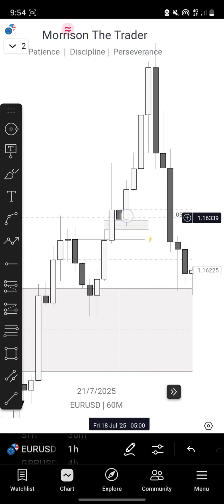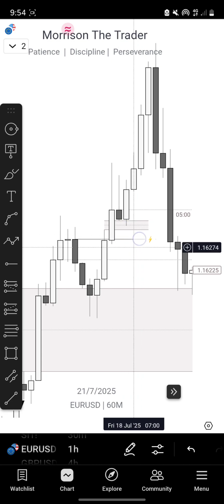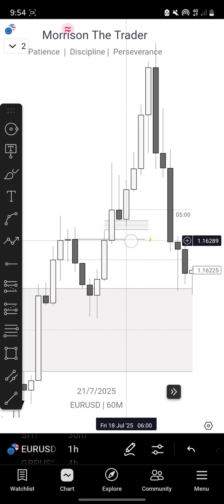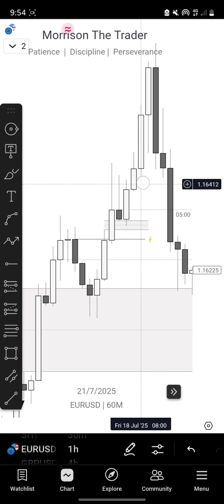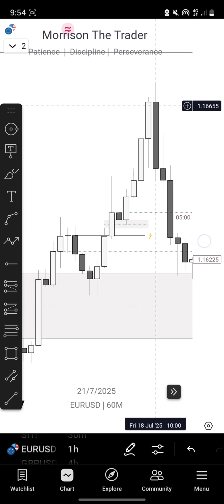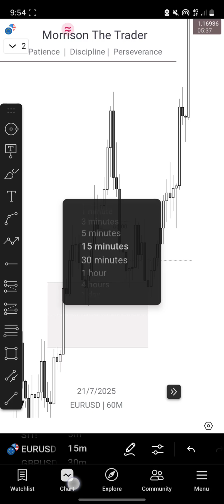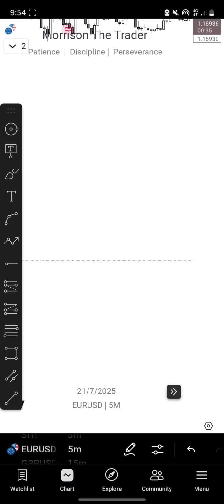So immediately it opened, it made its low. Its low is what tapped into that 1-hour fair value gap. And then the 6 a.m. candle, right, reversed. So we are trading the 7 a.m., the 8 a.m., and the 9 a.m. So then what do you do again? You move into a lower time frame, like the 5-minute time frame, for your entry.